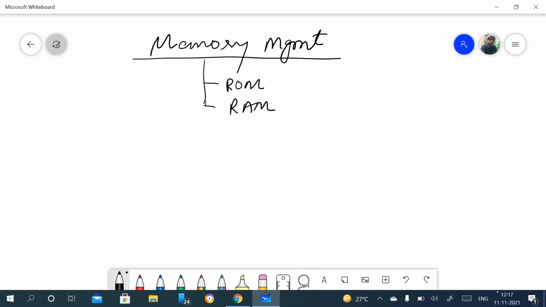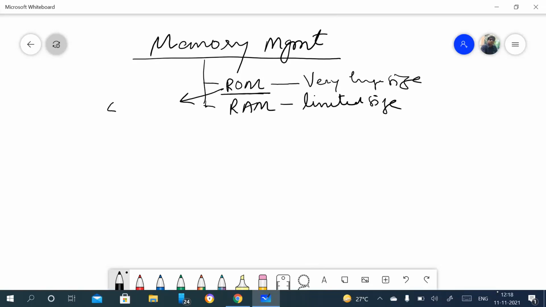When we compare these two, the RAM size is limited, and the ROM has a very huge size.